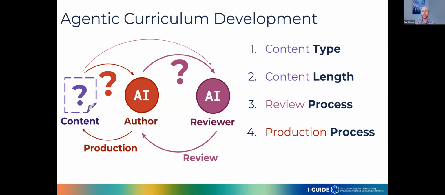We also have some limitations currently with AI in terms of what it can produce. So the content type, right? Whether you consider slides, readings, or lab exercises using code, for example. We also have differences in capability in terms of content length.